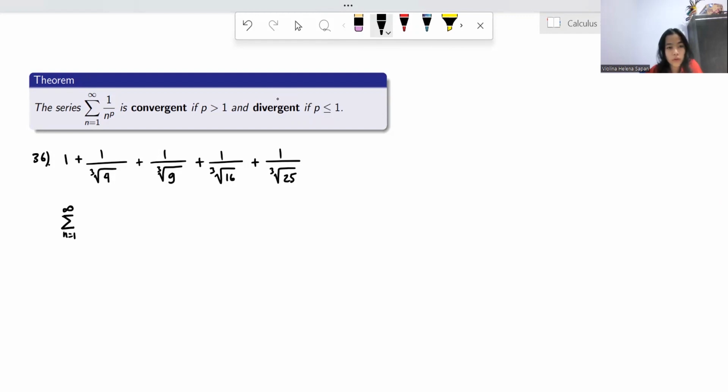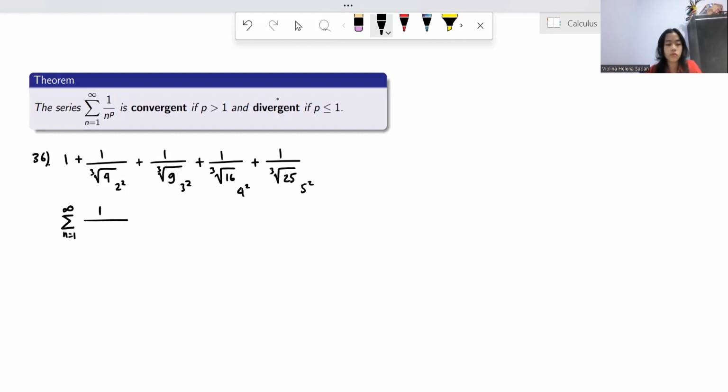The numerator pattern is just 1. And then we have to determine the denominator pattern. So we got this 4 from 2 squared, right? And this 9 from 3 squared, and this 16 from 4 squared, and 25 from 5 squared.